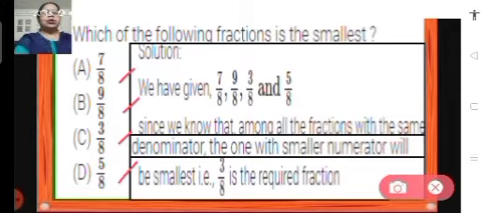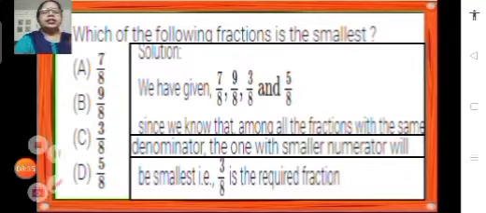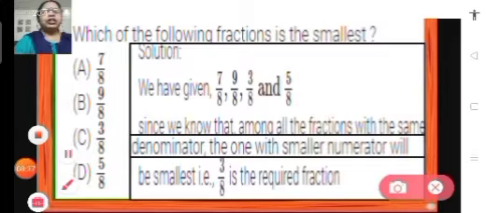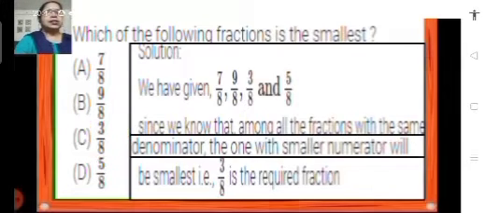And the fraction with the smallest numerator will be the smallest one. So when we check, 3 upon 8 is the fraction with the smallest numerator. So 3 upon 8 is the smallest fraction. Option C is the correct answer.